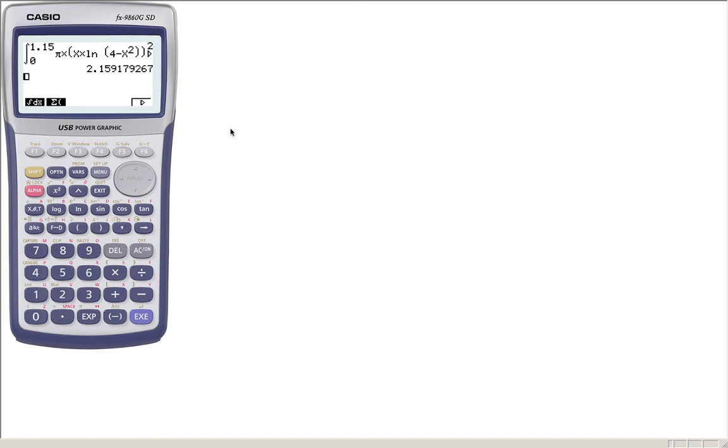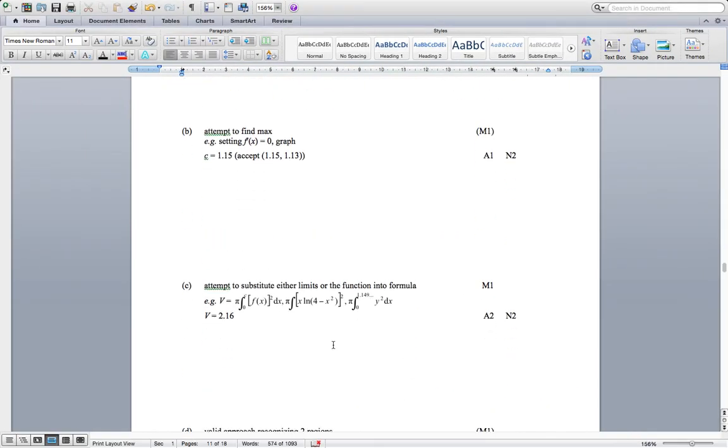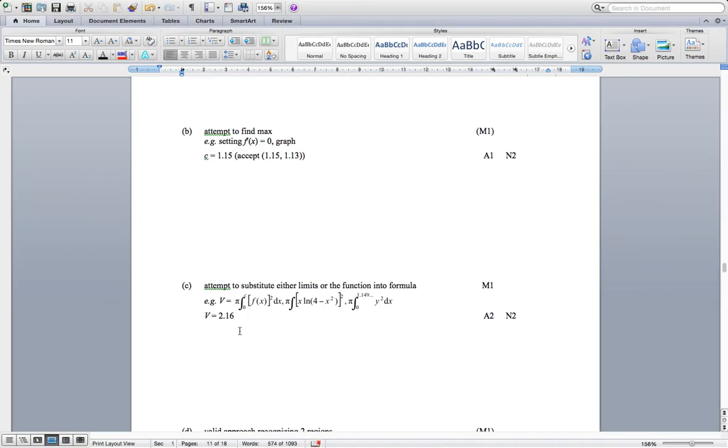So the answer is 2.16, the volume. Let us cross check. Yeah, that is correct, 2.16. So you get 2 marks. Even if you do not write this step, I would strongly recommend that you write this step, and then write the volume 2.16, and in the bracket you can write using GDC.